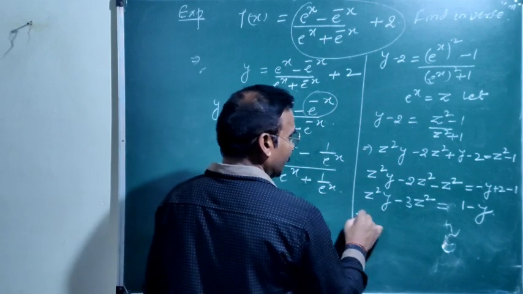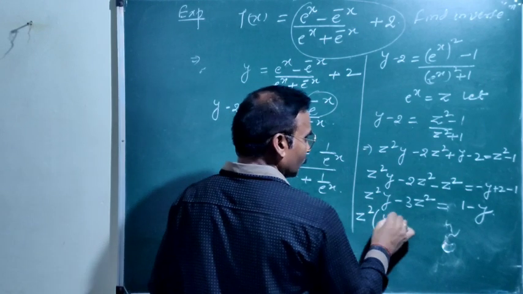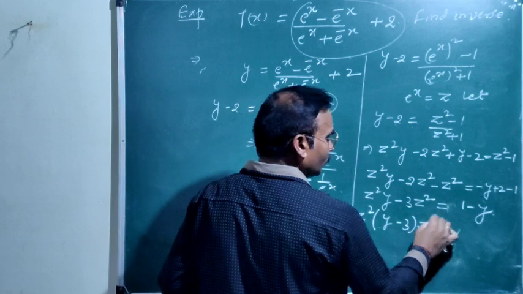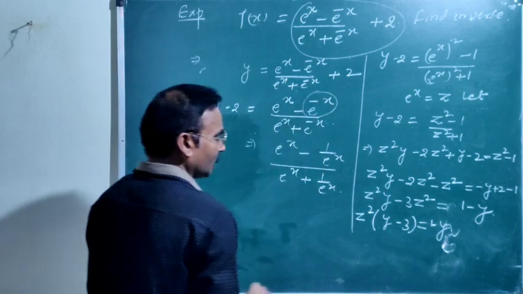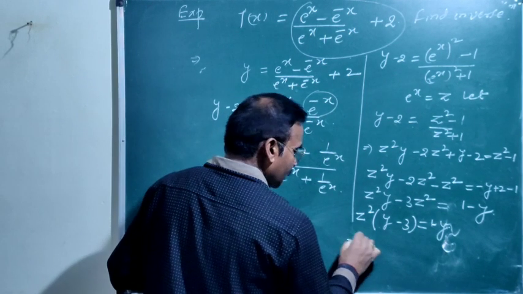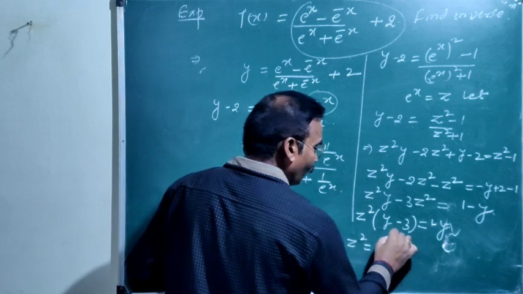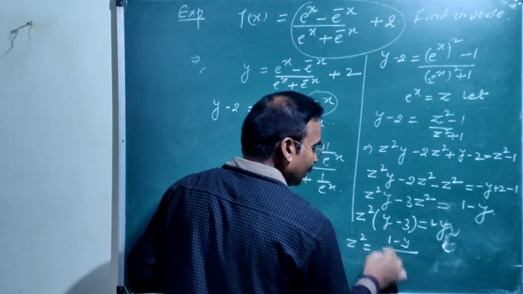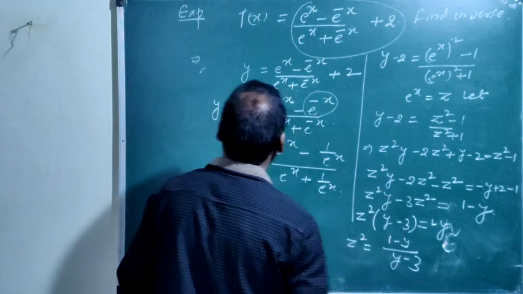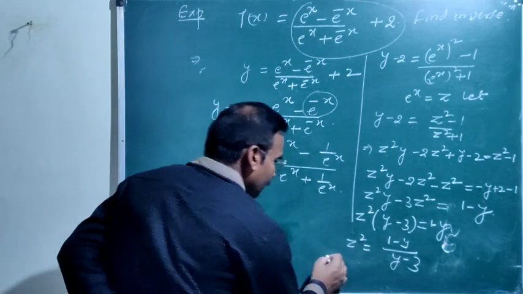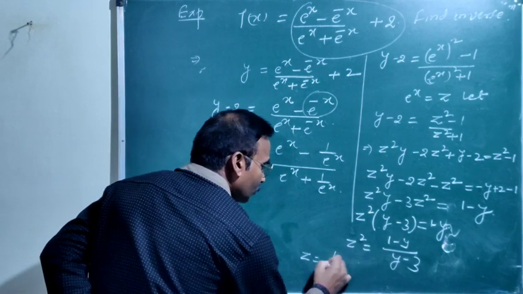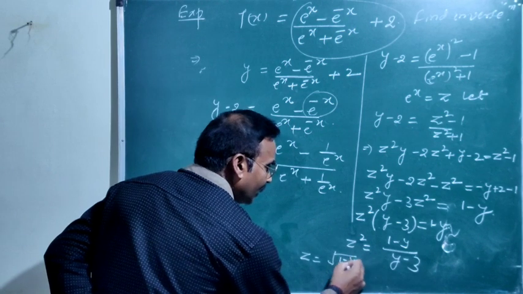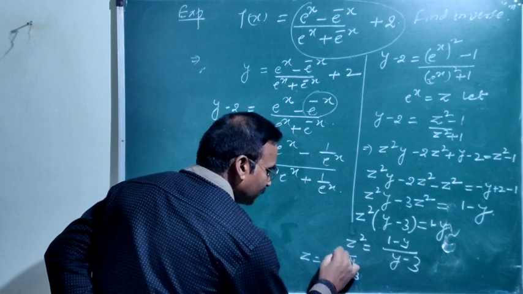Now take z square common: z square (y minus 3) equals 1 minus y. Now z square equals (1 minus y) by (y minus 3). So z equals root of (1 minus y) by (y minus 3).